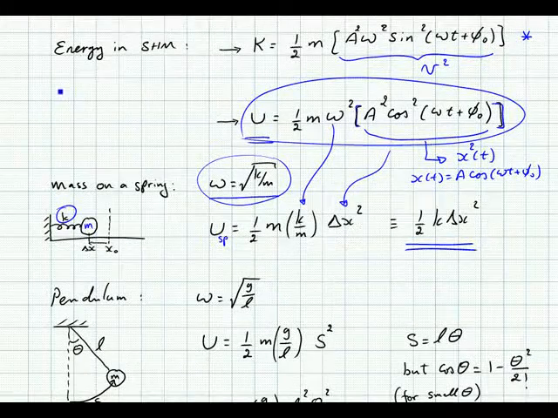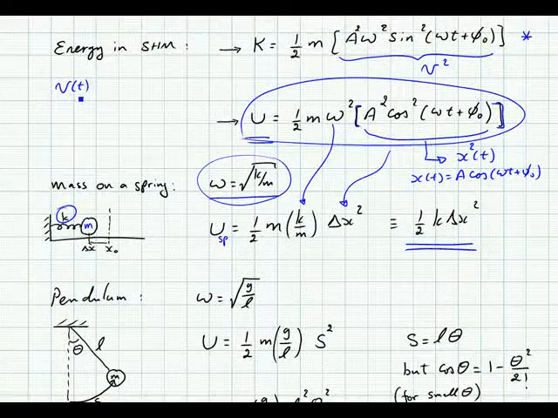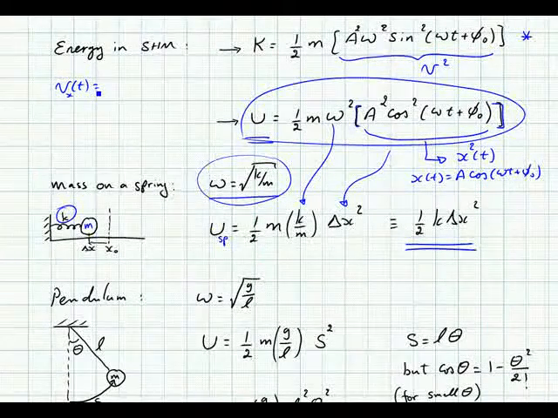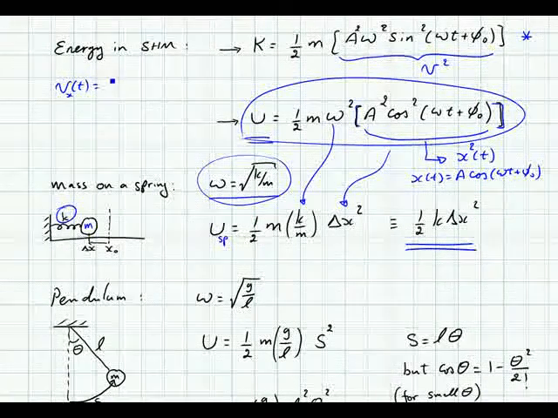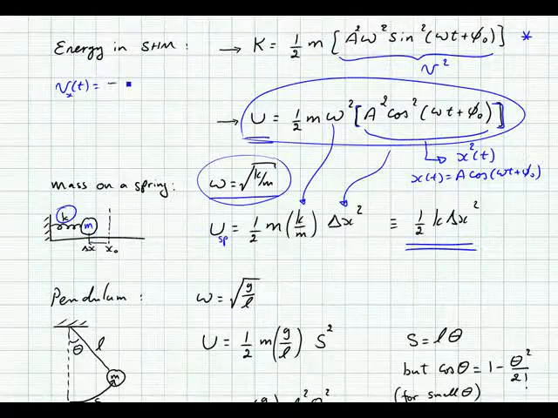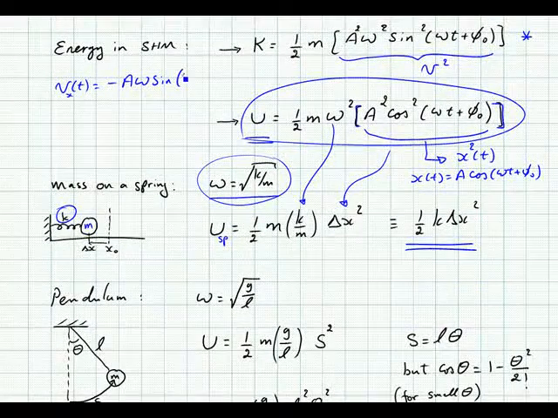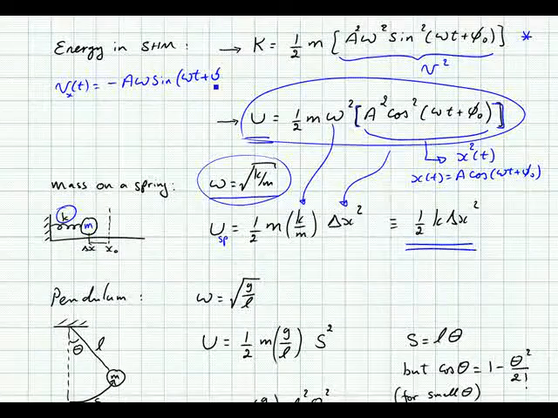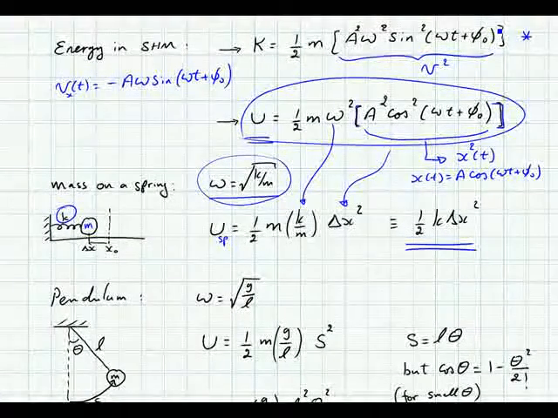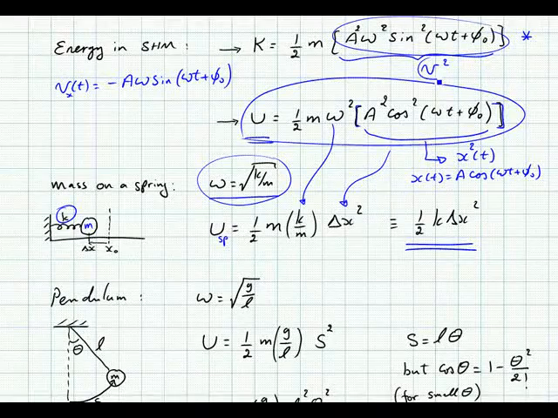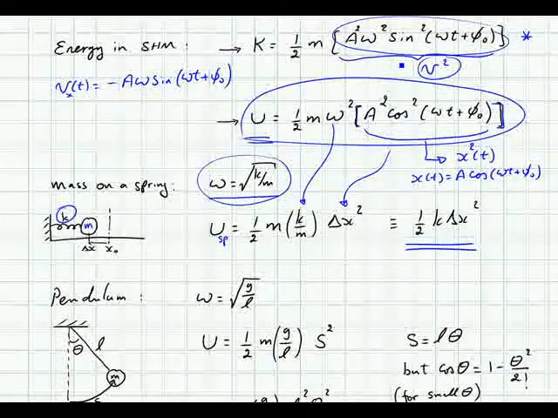Once again, the kinematic equation expressing the velocity in direction x for a simple harmonic oscillator is minus a omega sine of omega t plus phi naught. So what I have in the square brackets up there is nothing more than the velocity squared.